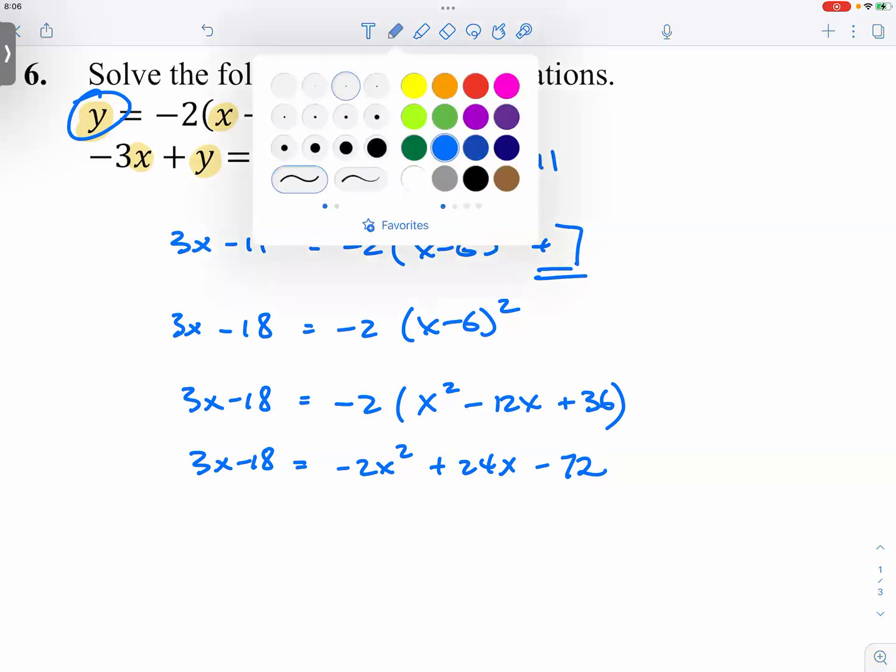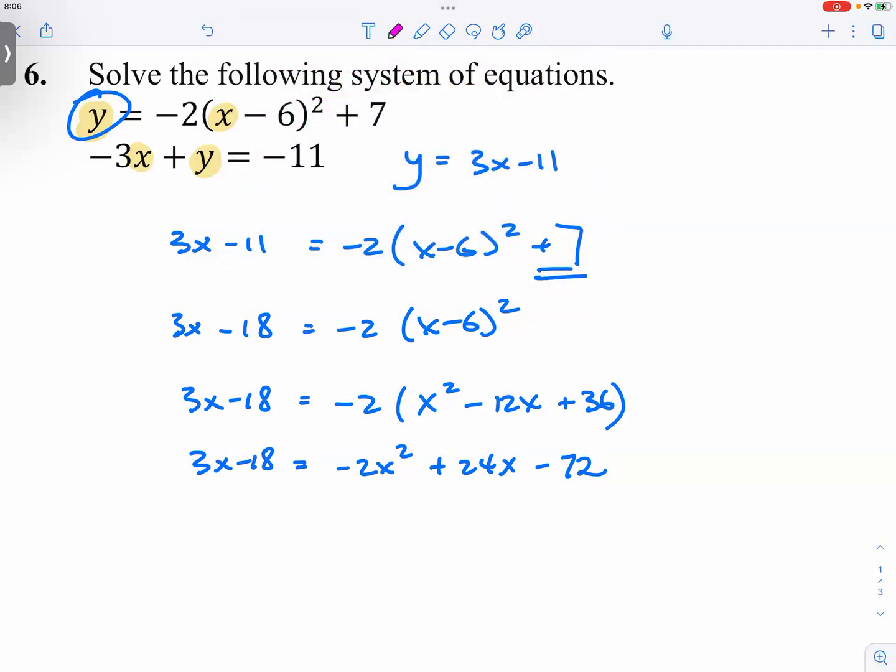Now, let me write down the why question. Why FOIL? Why do we do FOIL? And this is the reason why I need to explain to you the justification after a couple steps, because if you don't see it, if your mental math does not carry you this far, you really have no idea why on earth we need to do FOIL.